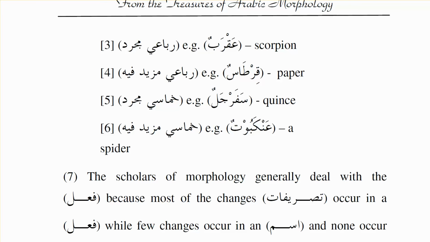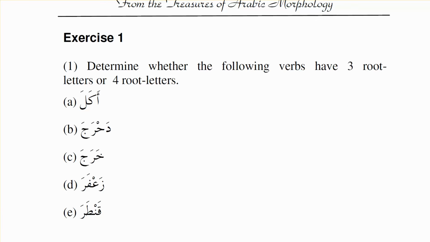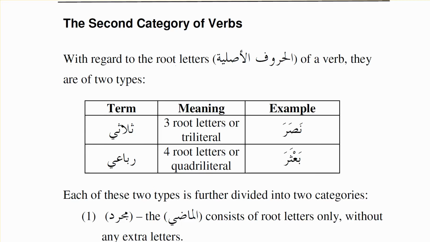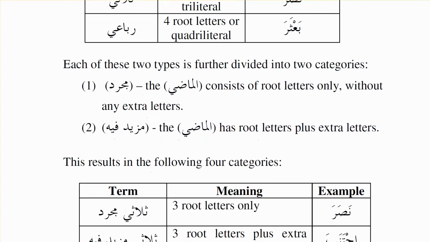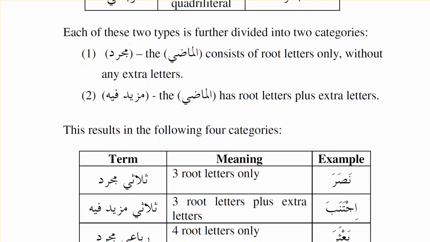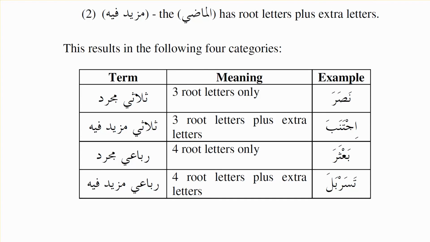Yes, here. So here we learned there are thulathi words regarding the root letters, meaning there's only 3, and rubai. We also learned that there are thulathi mujarrad, thulathi mazid fi, rubai mujarrad, and rubai mazid fi. This is all review.